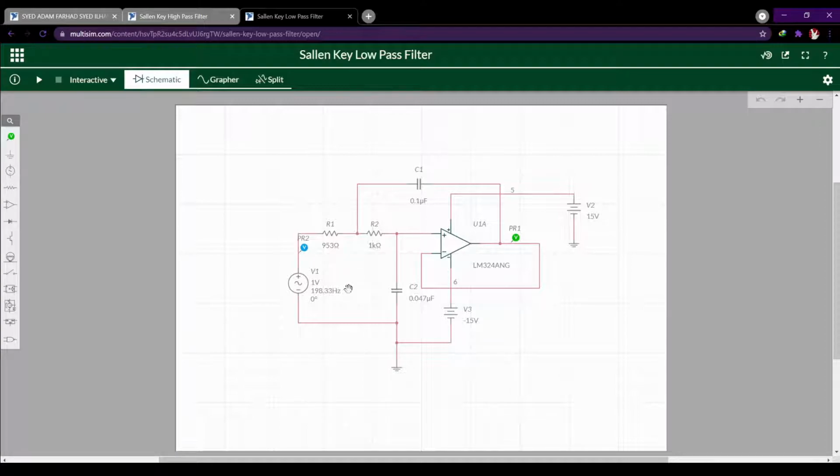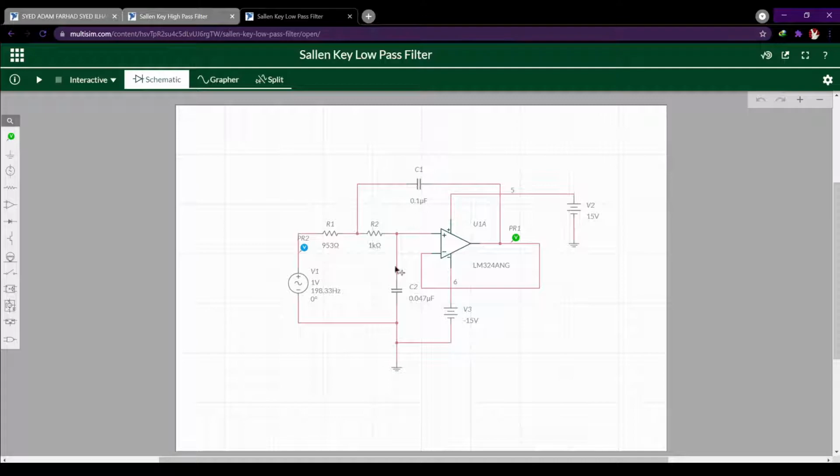Okay, this is a Sallen-Key low pass filter. This is a second order Sallen-Key low pass filter. We call it second order because we have two RC sections. To simplify, we can just count how many capacitors are in this circuit.